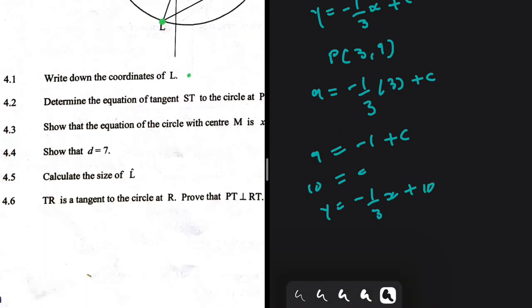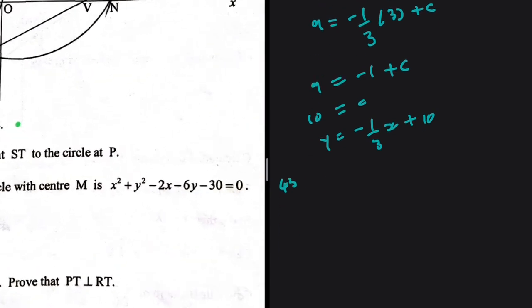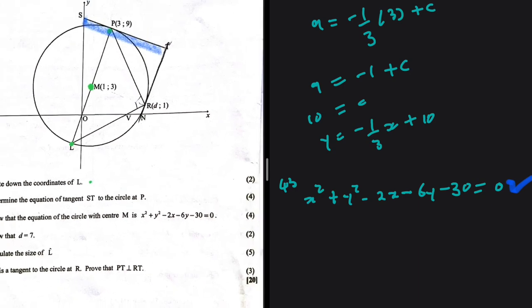Okay, so this is 4.2. Let's take a look at 4.3. It says show that the equation of the circle with center M is x squared plus y squared minus 2x minus 6y minus 30 is equal to 0. We should be grateful that this is the equation that we found in the exam.